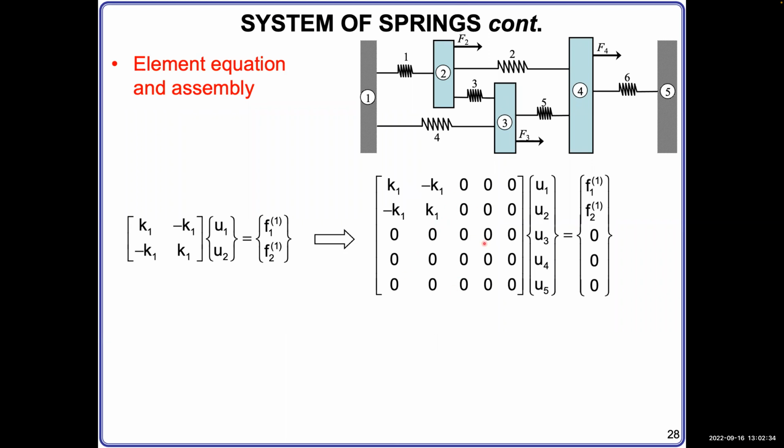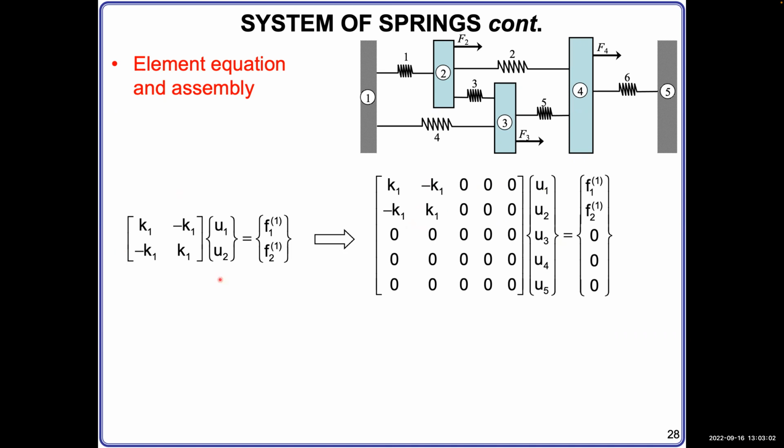So the dimension of the matrix is determined by the nodes, because all the displacements and all the forces are applied at the nodes. That's why we have 5 displacements and 5 forces. The displacement number determines the column number, and the force number determines the row number of the stiffness matrix.